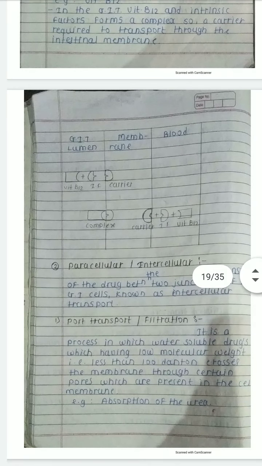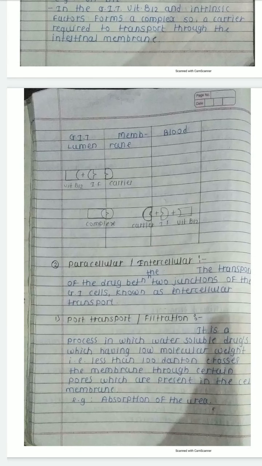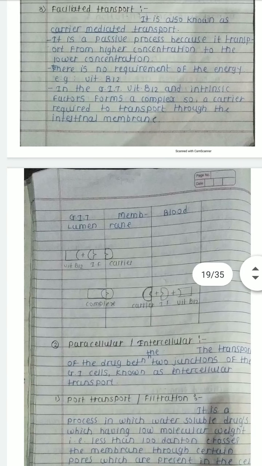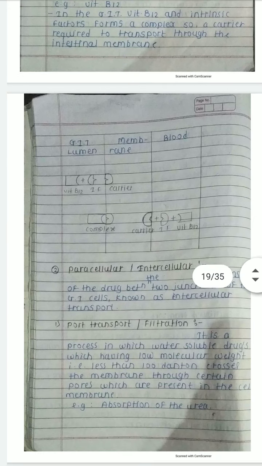So, in this diagram, you can see the vitamin B12 and intrinsic factor form a complex with the help of this carrier. This carrier will take this complex to the other side, that is the blood, and then it crosses the cell membrane. So it requires a carrier, and it is known as carrier mediated transport.